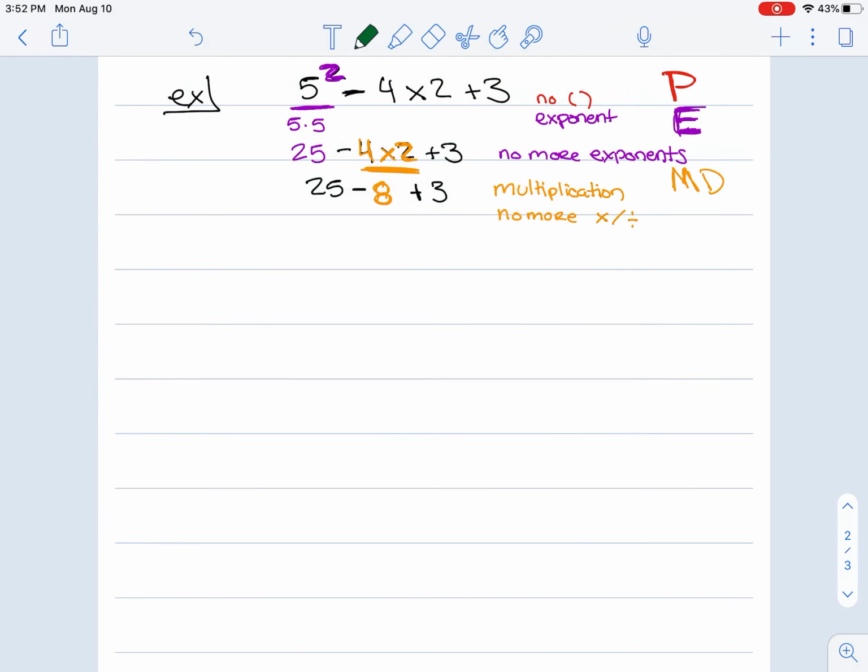So now I get to go to my next step, which is addition and subtraction. So I'm looking for addition and subtraction, and I see subtraction first. We do the subtraction first because that's what we saw first. 25 minus 8 gives us 13.